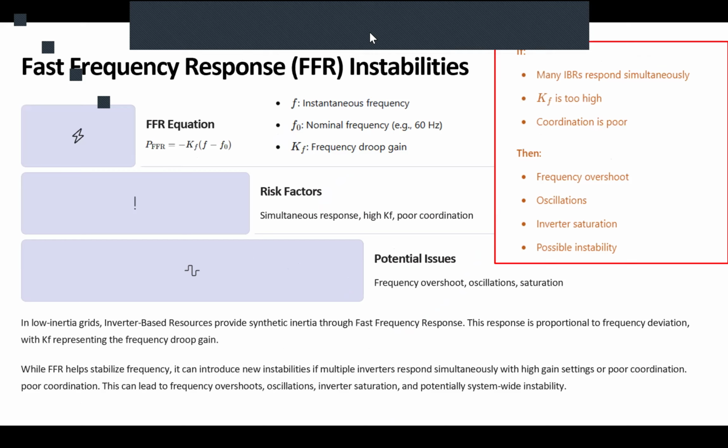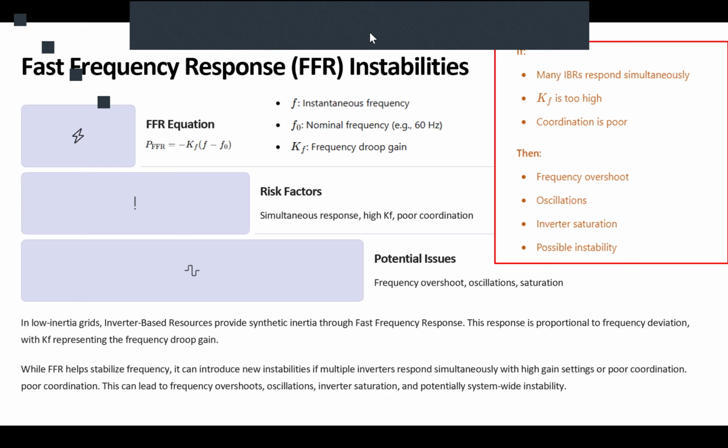Now, in inverter-based resources, we could define a parameter as fast frequency response. That basically defines synthetic inertia, some sort of a concept like that, a synthetic or virtual inertia.